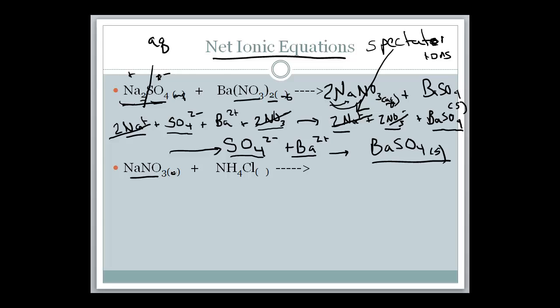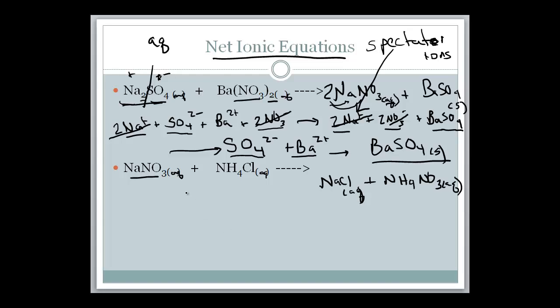Alright, let's take a look at the next one. Sodium nitrate, aqueous because it's soluble. Ammonium chloride, aqueous because it's soluble. The 2 products would be sodium chloride and ammonium nitrate. That is aqueous. That is aqueous.